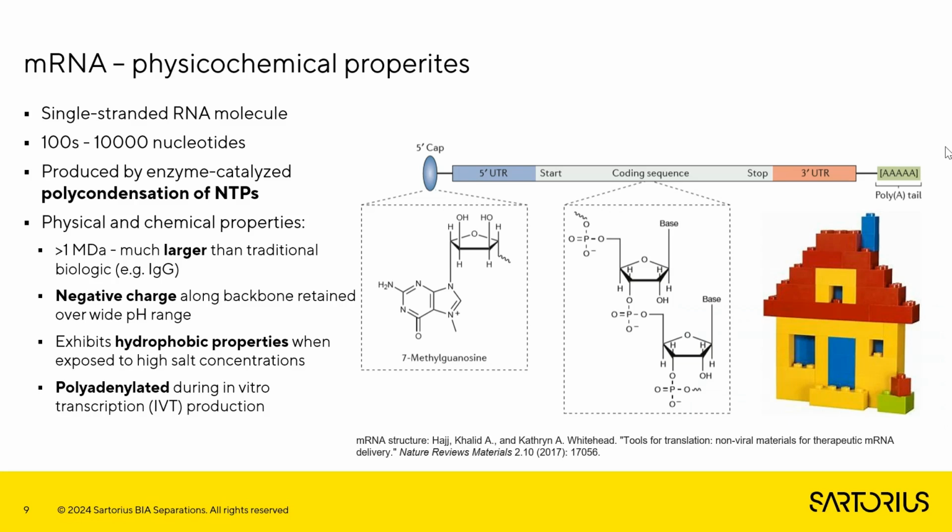Second feature, probably also often overlooked, is the fact that it's a very acidic molecule. Its pKa is very low, and that makes it challenging in purification processes. We have to completely adapt purification approaches tailored towards near neutral molecules to something that's very strongly acidic. mRNA is also prone to forming hydrophobic interactions, particularly when in contact with salt, which, when gone badly, means it can form precipitation.